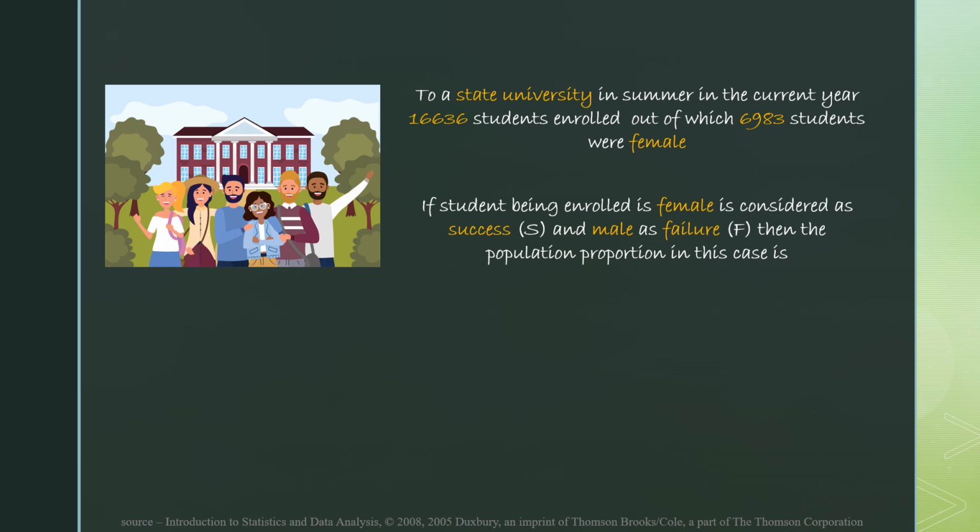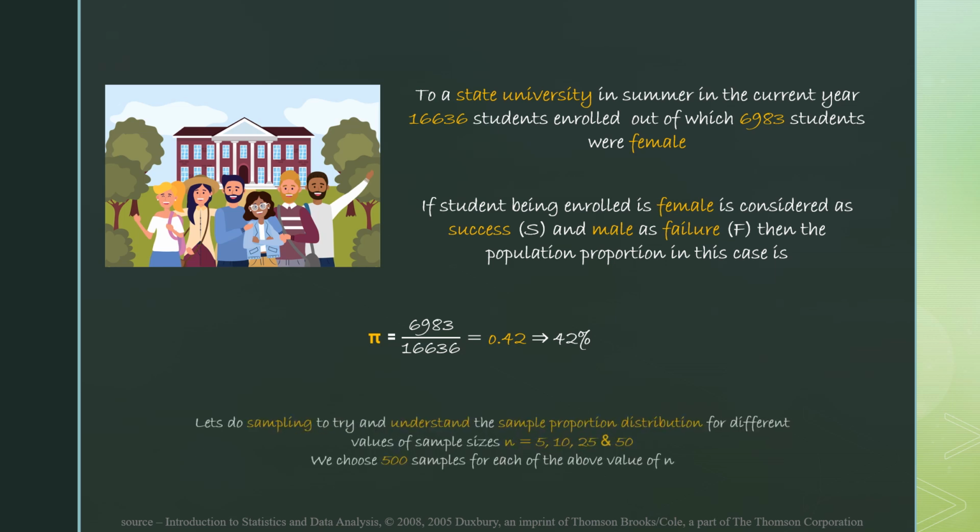If a student being enrolled is female is considered as success and male as failure, then the population proportion in this case is pi equals 6,983 divided by 16,636, which equals 0.42, which is 42%.